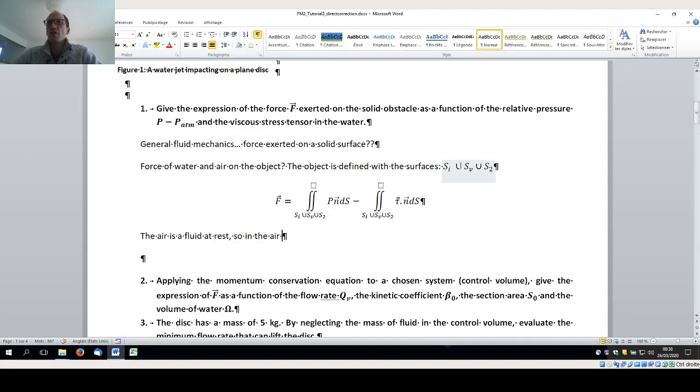On the vertical surface S2 in the air, the pressure is atmospheric pressure.